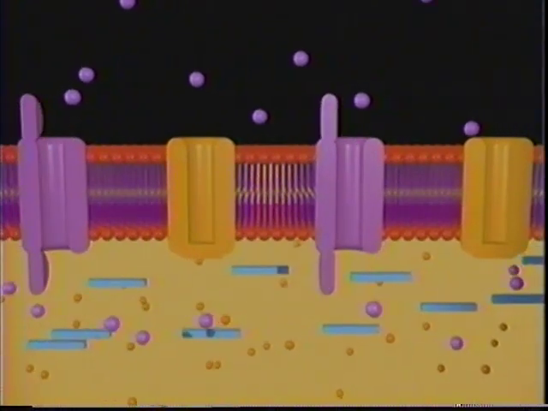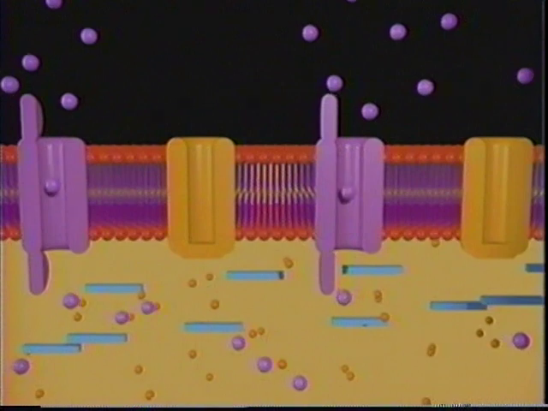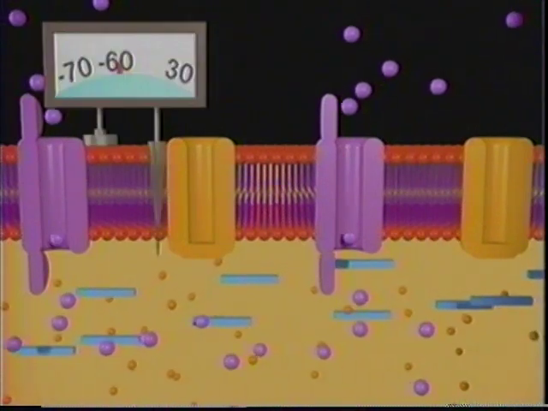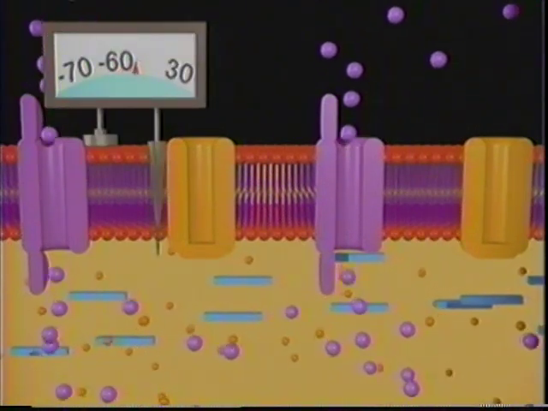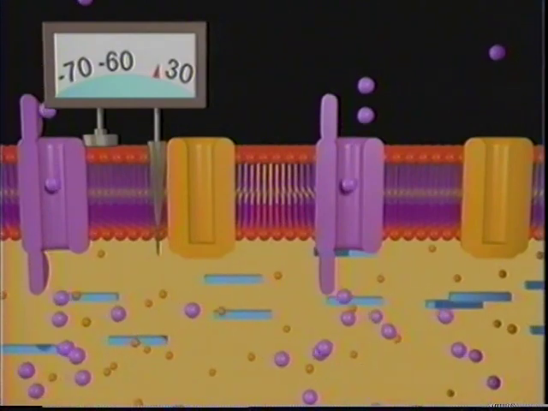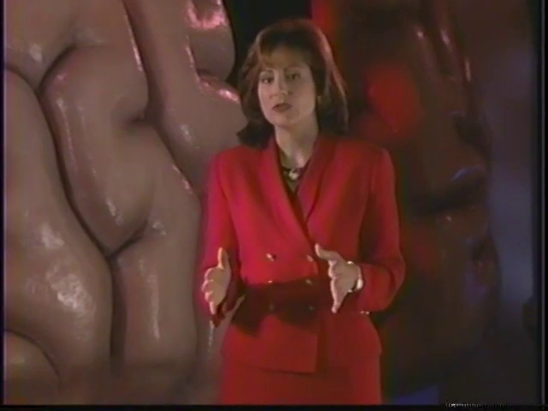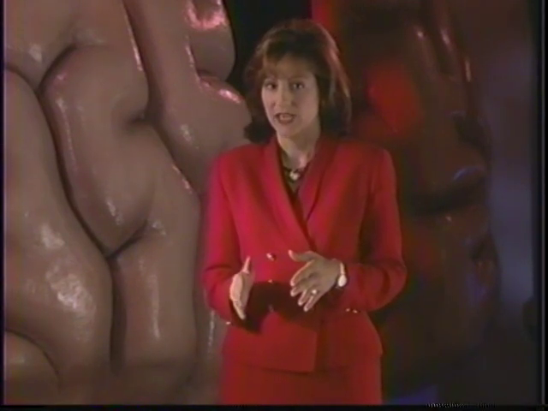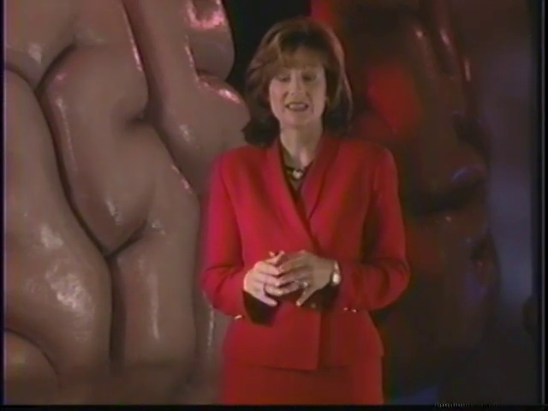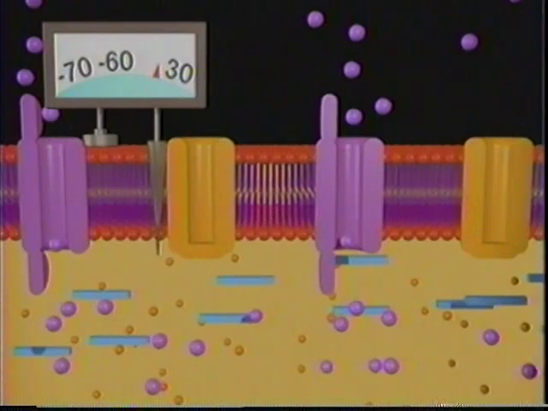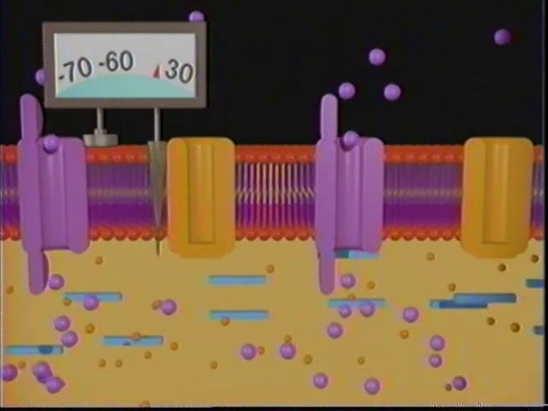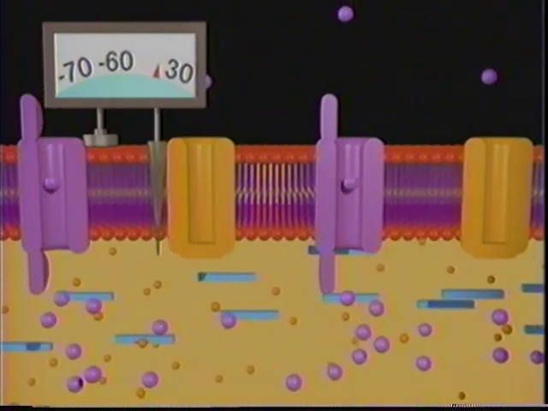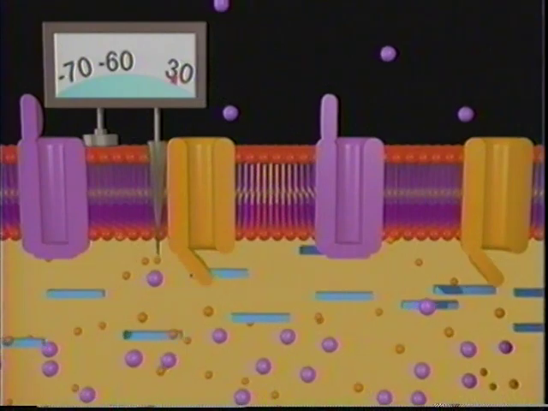The sodium ions that rush across the cell membrane change the transmembrane potential rapidly from threshold towards 0 millivolts, where positive and negative charges are in balance. It then continues toward a positive potential, where positive charges outnumber negative charges on the inside of the cell membrane. When the transmembrane potential reaches positive 30 millivolts, the sodium channels close.